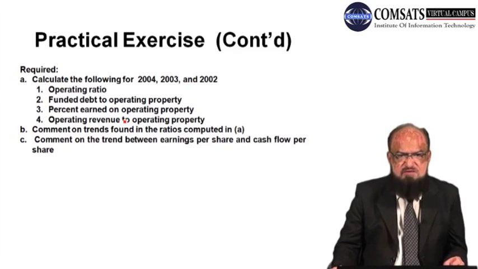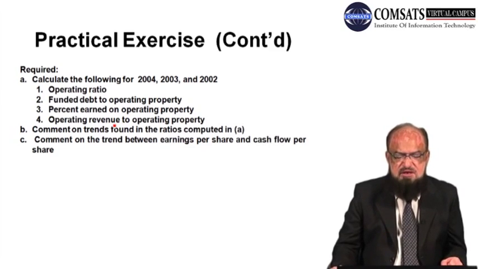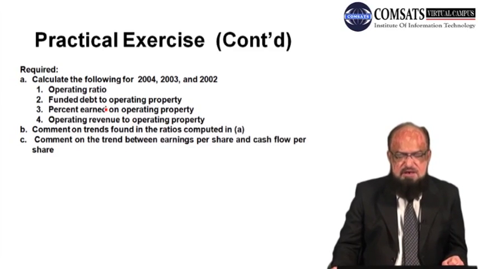First of all we will calculate the operating ratio, then funded debt to operating property, then we will calculate the percent earned on operating property, then we will discuss the operating revenue to operating property one by one. Then we need to give comments on the trend between earnings per share and cash flow per share.